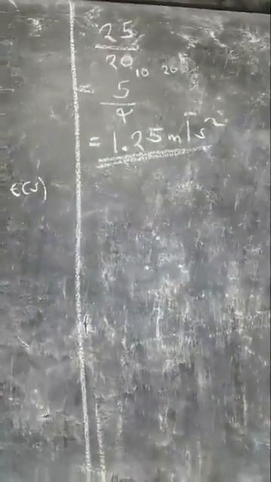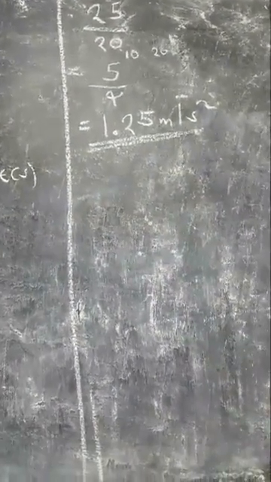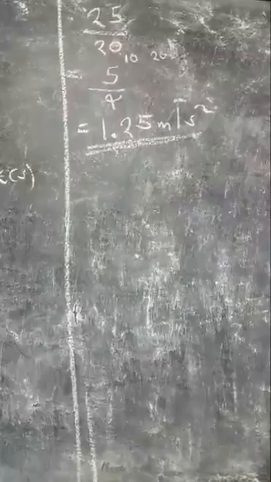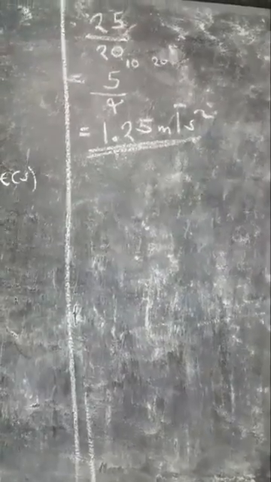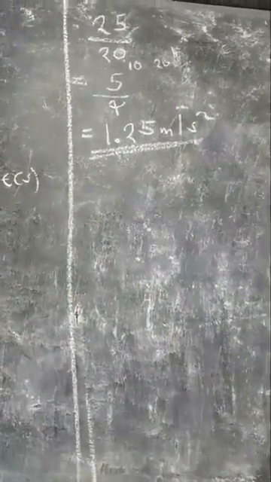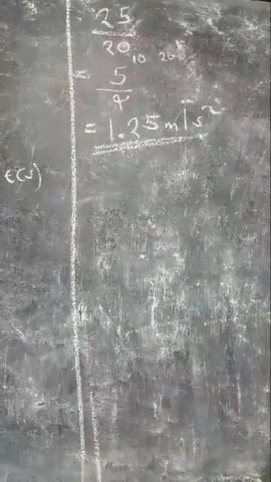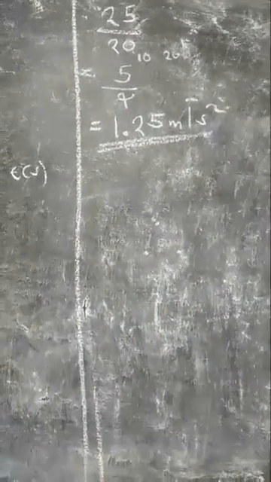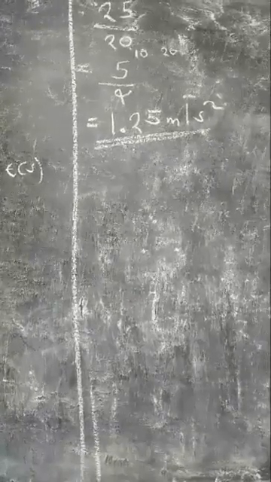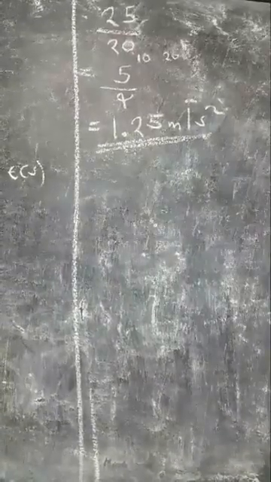If you don't have the questions, it's Physics 2009. It's saying the mass of the car was 1,200 kg. So we are finding the force which produced the acceleration in A1.